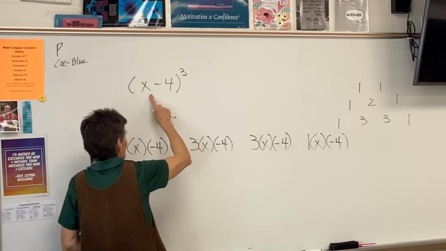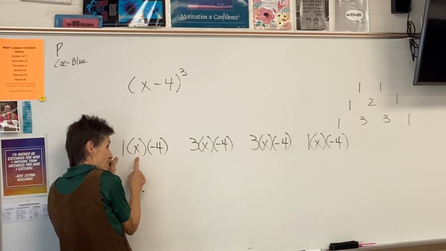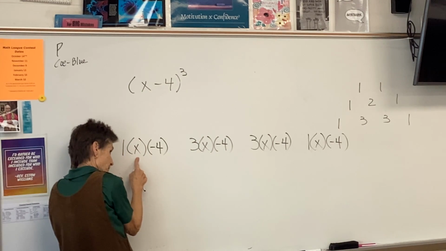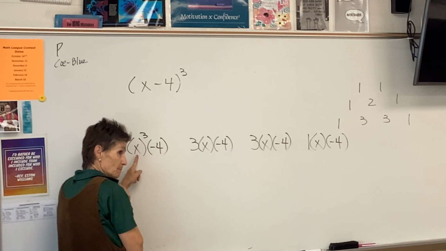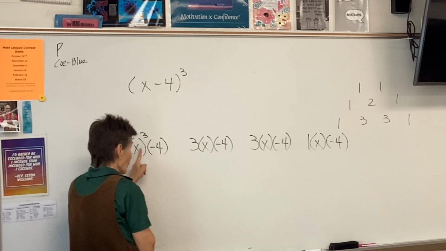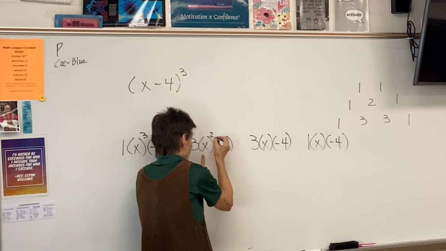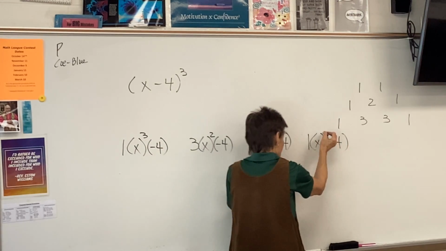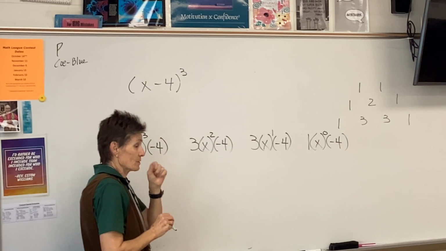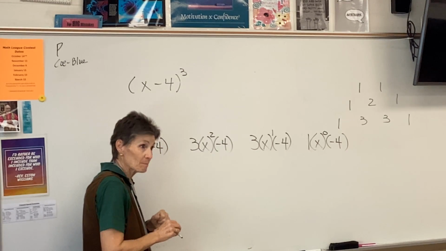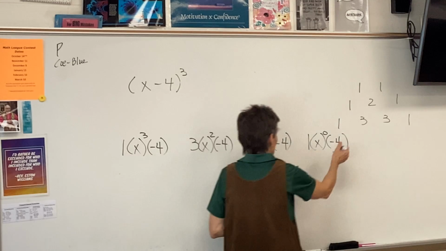Since this is to the third power, I know that my first term will have x to the third, agreed? And then what happens to those? They go down. And then what about the negative 4s? Same thing, other direction.